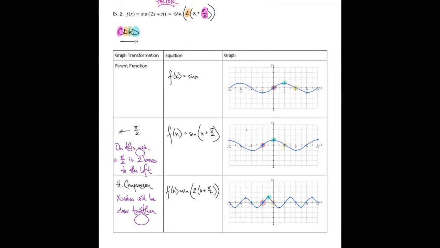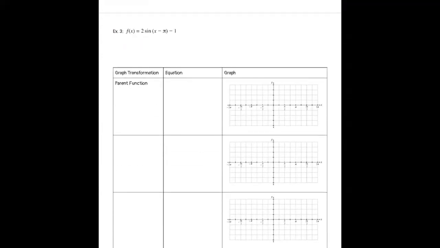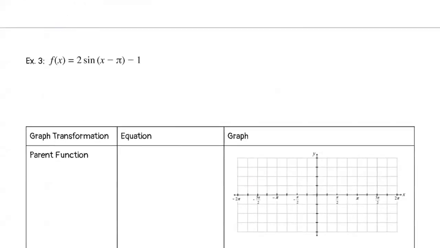All right, let's take a look at example 3. All right, so we have our CBAD. Let's identify what we have here. Which graph transformations do we have here?